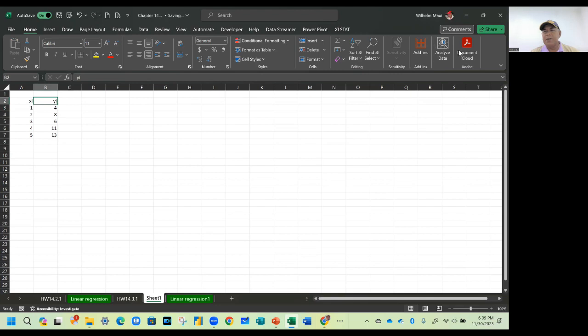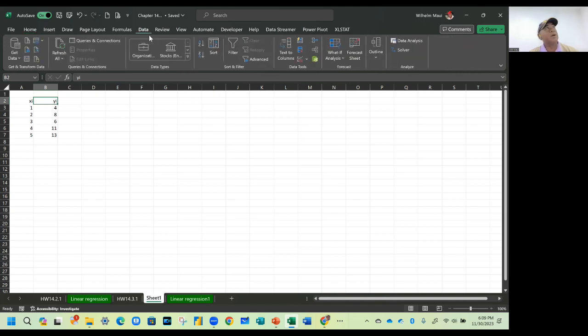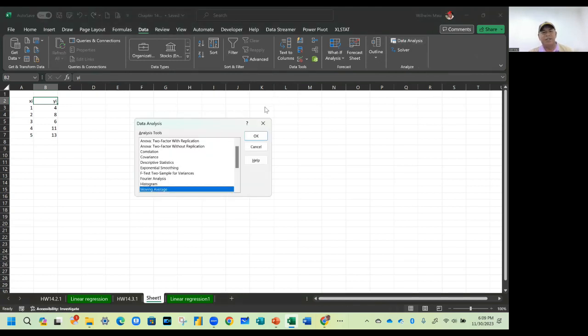And then there's two ways we can do it, right? If we go to the Data tab, and then you go to your Data Analysis Toolpak, and then you will see ANOVA there. But in this case, I'm looking for a regression. I'm sorry.